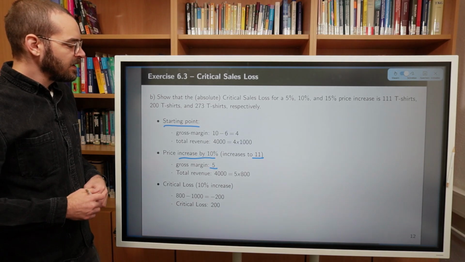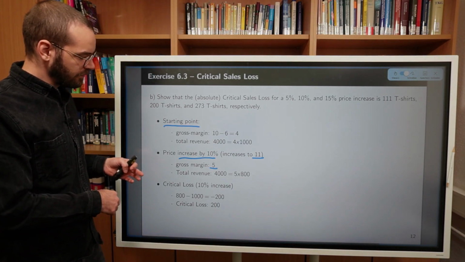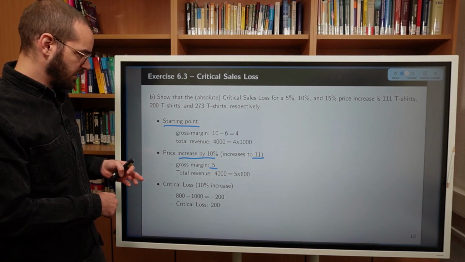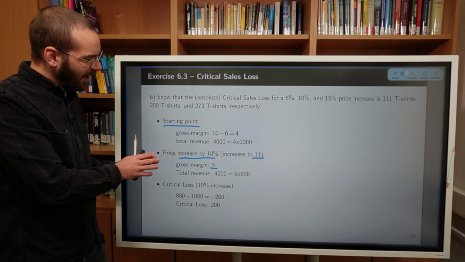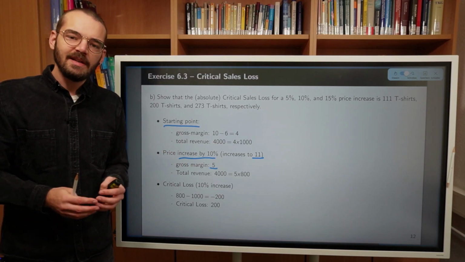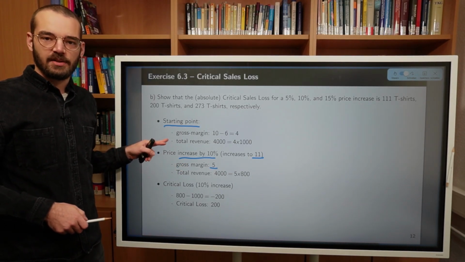All right. So what we then can calculate is, well, how many t-shirts would we need to sell in order to match the profits in the benchmark situation?